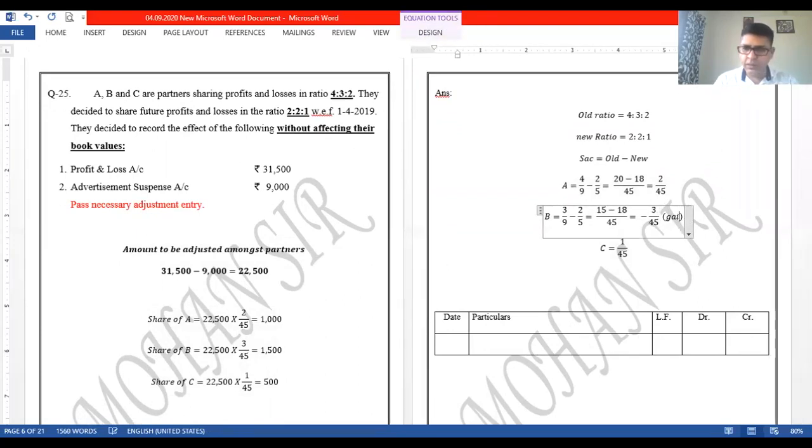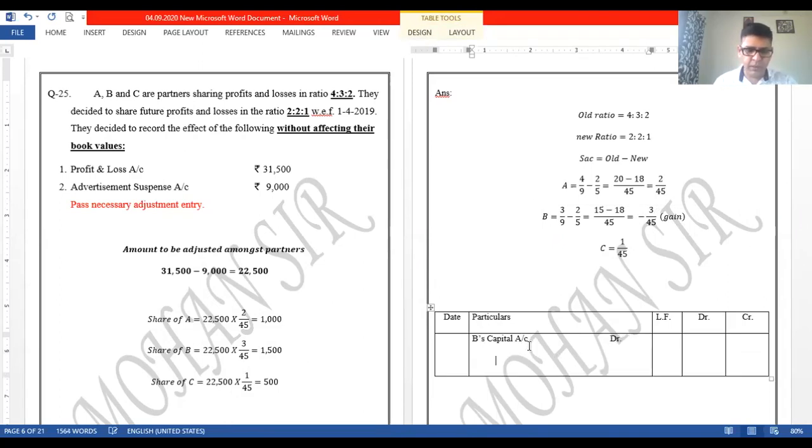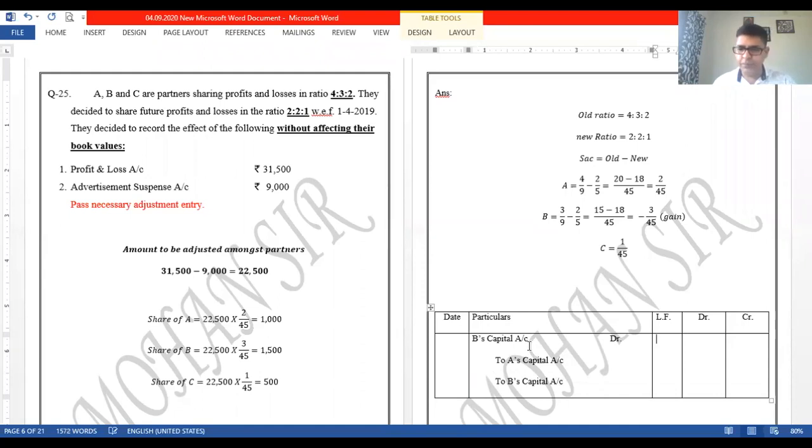Okay, the partner who has gained over here is B, so I shall debit B's capital account over here, right? B's capital account will be debited to A's capital account and to C's capital account.